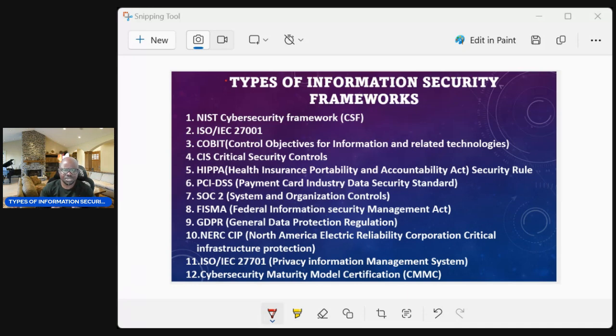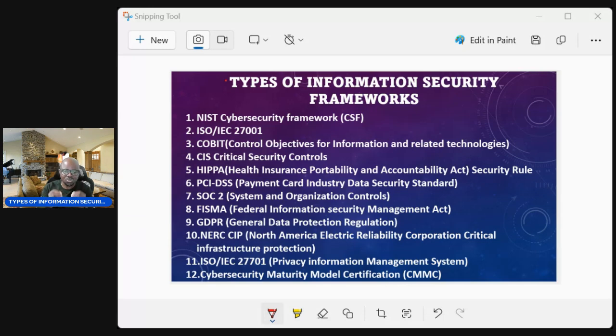When we say information security framework, what it does is that it provides structured guidelines for organizations to manage and protect sensitive information. That is what information security frameworks are.